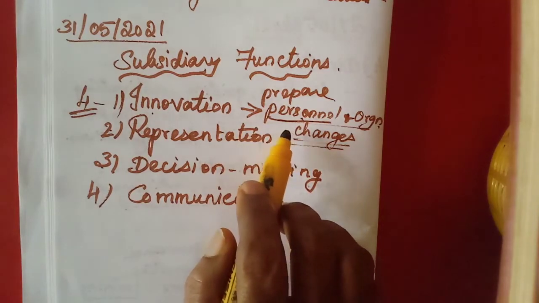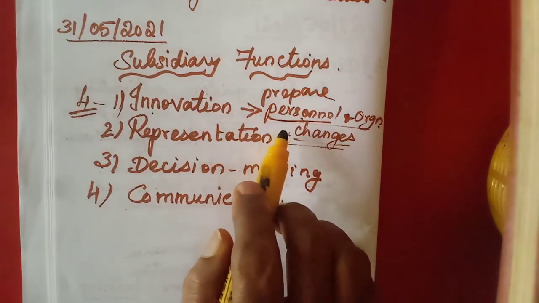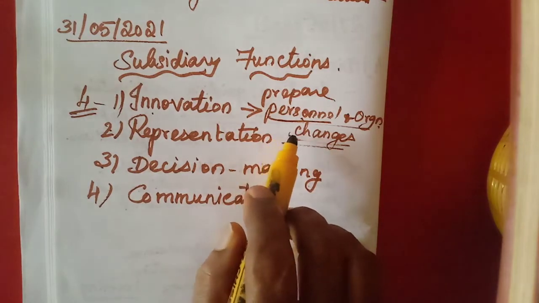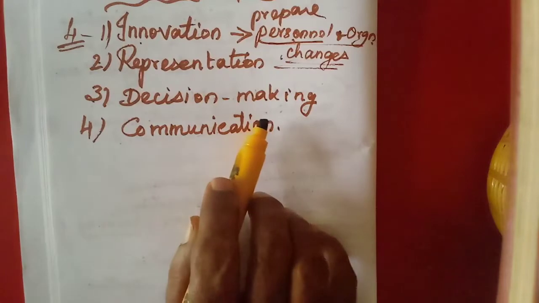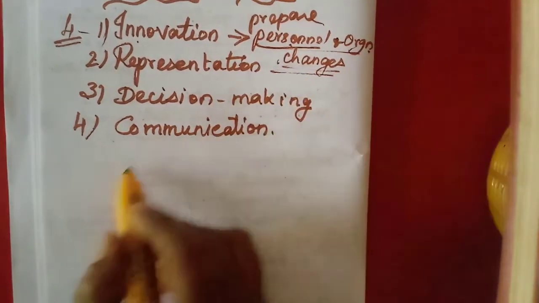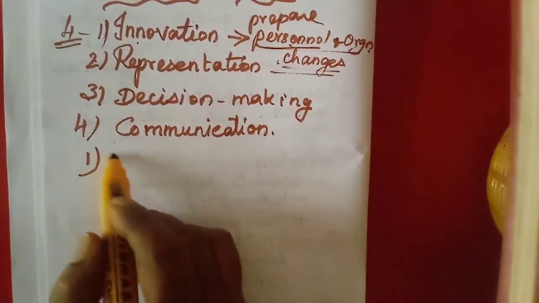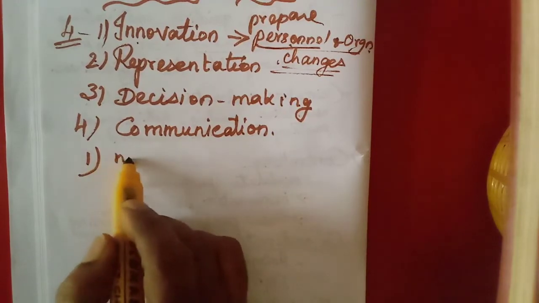In order to face those changes, the management has to prepare the personnel and the organization. Here we can say what they have to do: they will develop a new product.